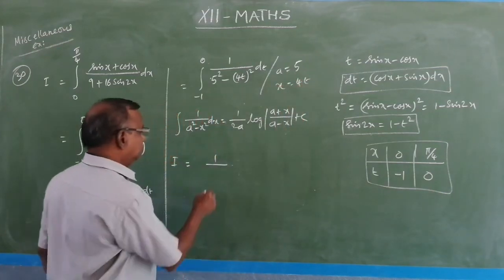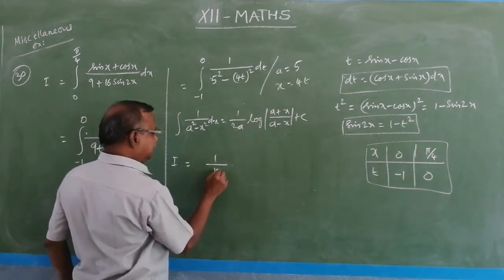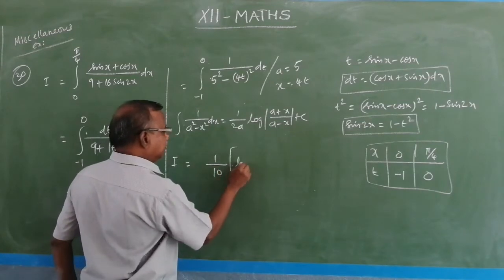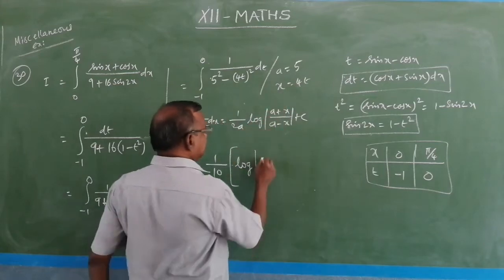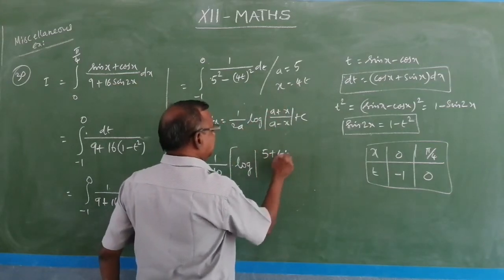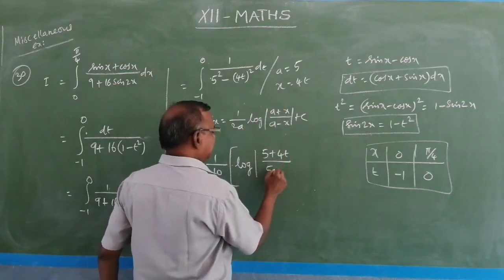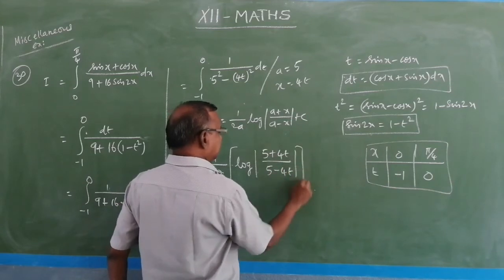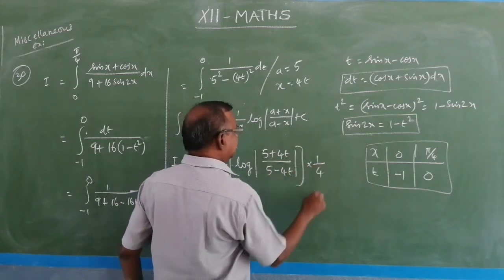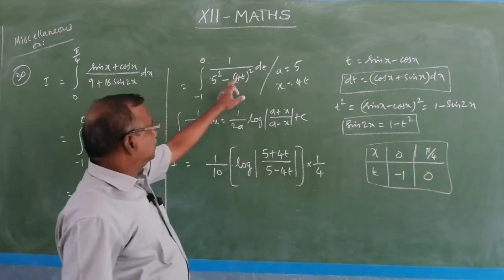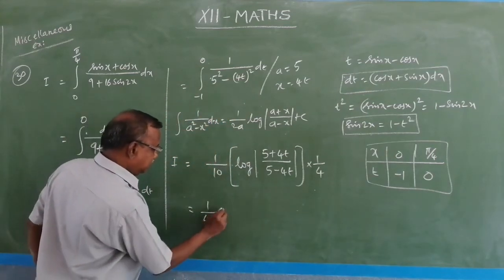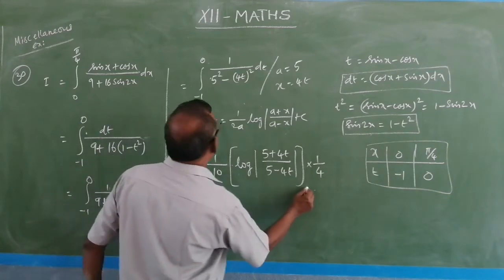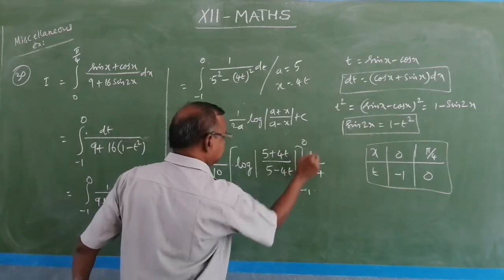So 1 by 2a means 1 by 10 into log of modulus of (a plus x), that is 5 plus 4t, divided by (a minus x), 5 minus 4t, and we have to divide by the coefficient of x, that is coefficient of t. So 1 by 4, this is equal to 1 by 40 into, within the limit minus 1 to 0.